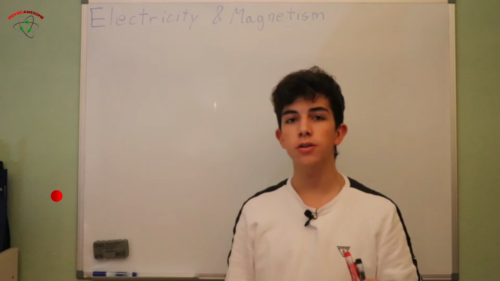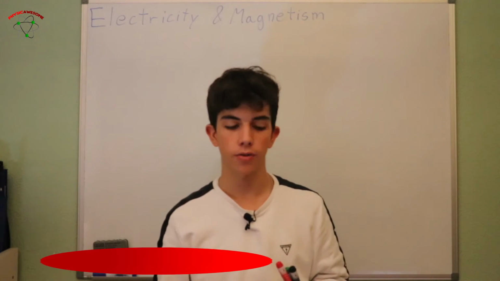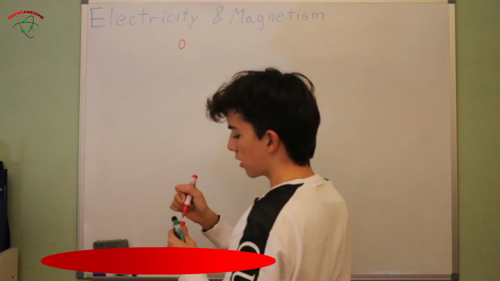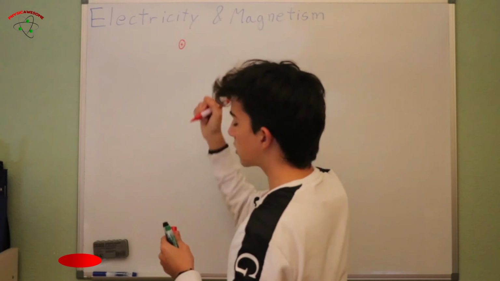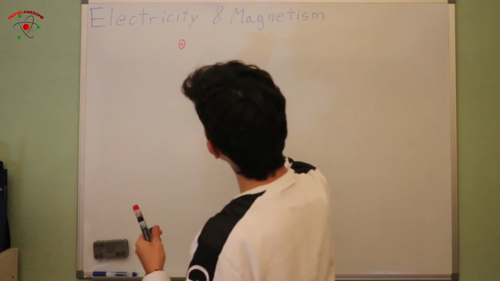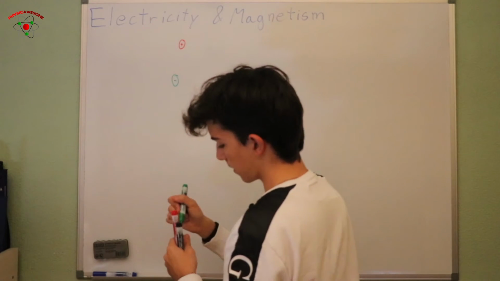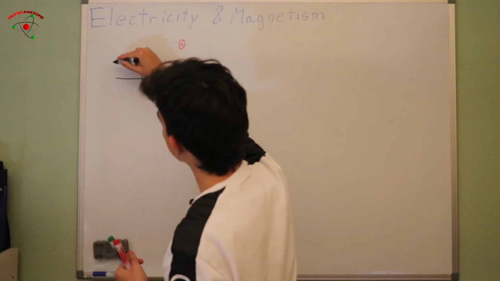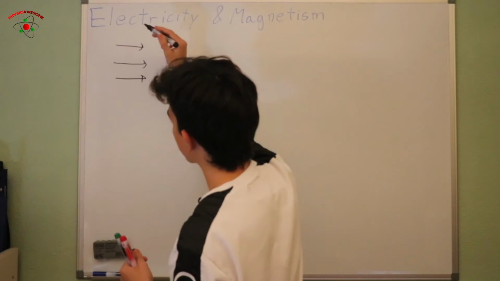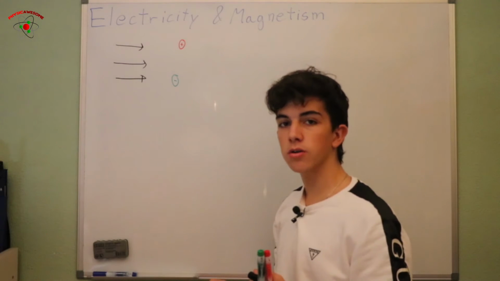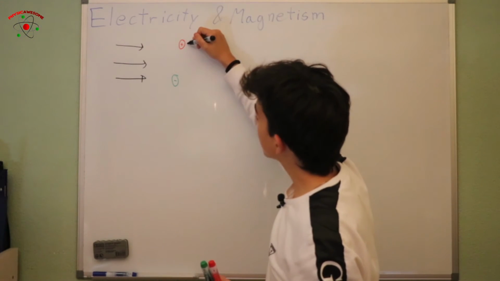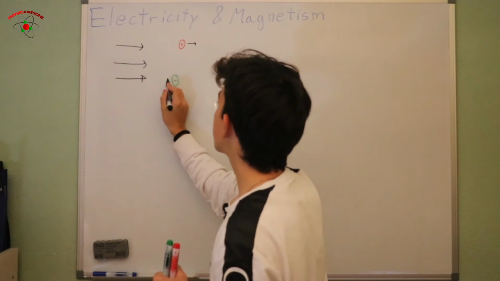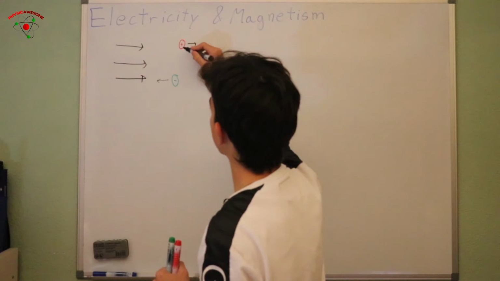Great! Now let's try to understand how our particle behaves in a constant electric field. If we have our dipole with a positively charged particle and a negatively charged particle, and we have a constant electric field, for example, in this direction, the positively charged particle is going to experience a force in this direction, and the negatively charged particle is going to experience a force in this direction.